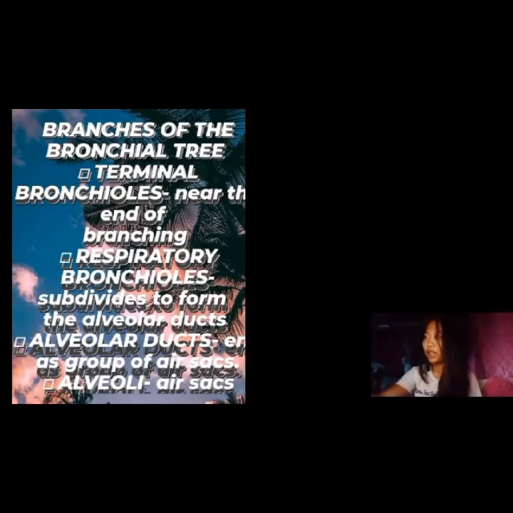Terminal bronchioles are near the end of branching. Respiratory bronchioles subdivide to form the alveolar ducts. Alveolar ducts end as a group of air sacs, while the alveoli are the air sacs.